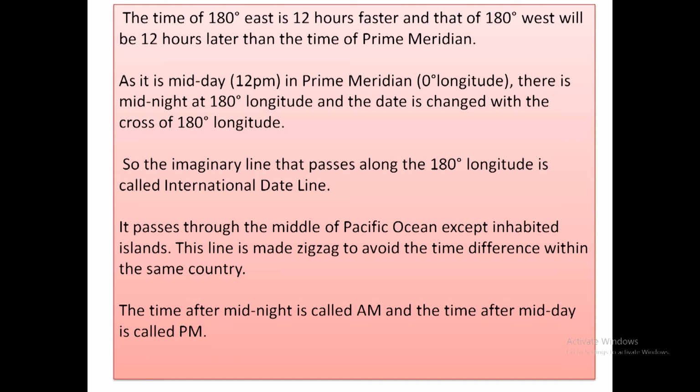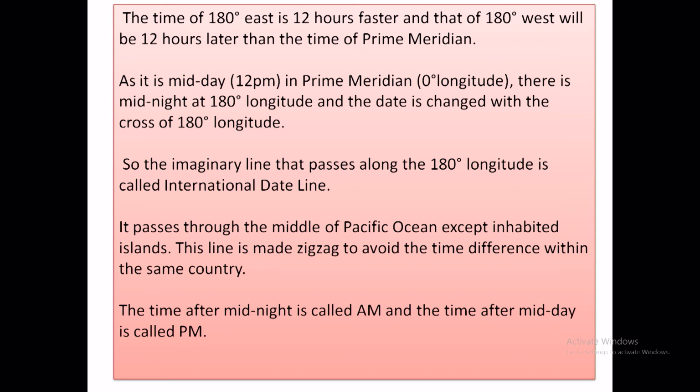Today I tried to make you clear about longitude, the relation between longitude and time, and the relation between longitude and date. I will quickly revise once.